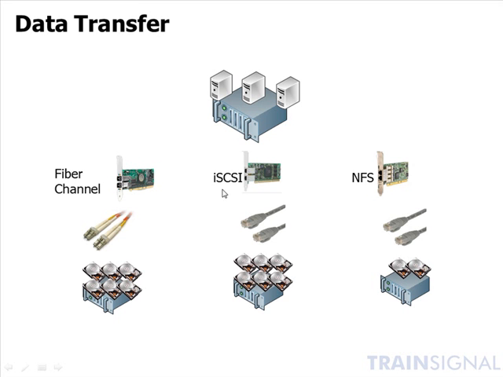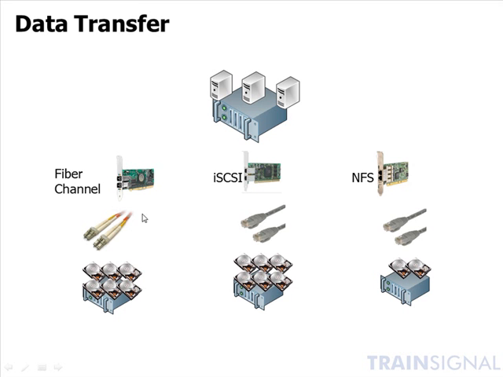iSCSI, while it is considered block level, as we saw in the earlier slide, is still using the traditional components of your network. So you're still using a traditional network interface card. You're using the Cat5 or Cat6 cables to transfer it to remote storage. So it's also considered IP storage, except the transfer method is different, and the same case for NFS or network file storage.